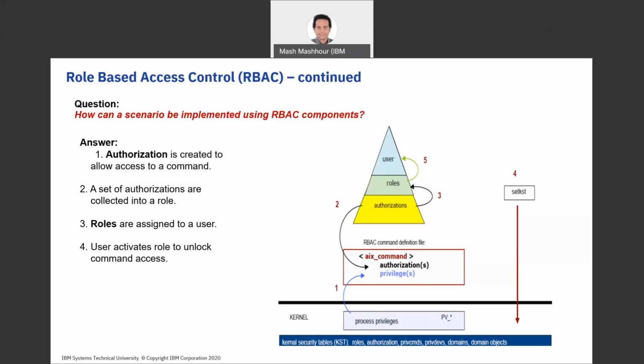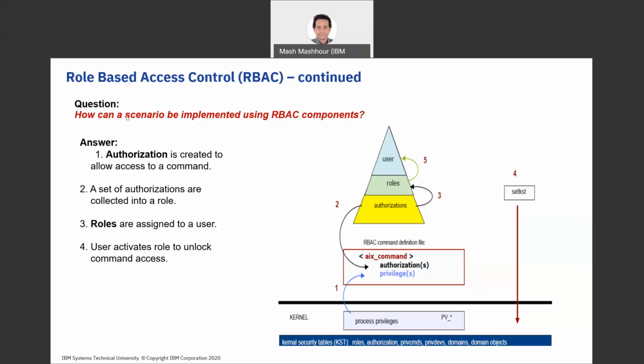So the role is having an authorization, and the user can have more than one role. The privilege is going through the kernel itself. After doing that, you have to update the security information in the kernel.